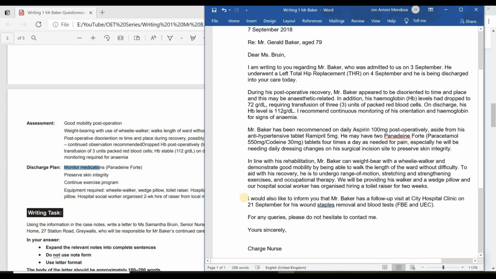Okay, so going back, we have the 5th paragraph. I would also like to inform you that Mr. Baker has a follow-up visit at City Hospital Clinic on 21st September for his wound staples removal and blood tests. So mainly follow-up events, we may put them at the last part of your letter.